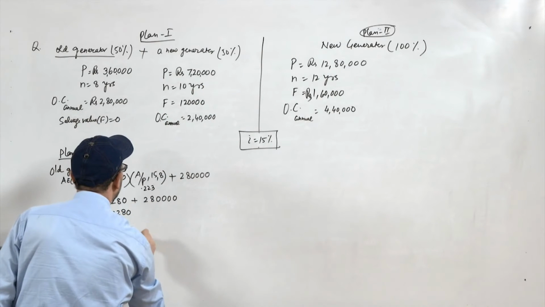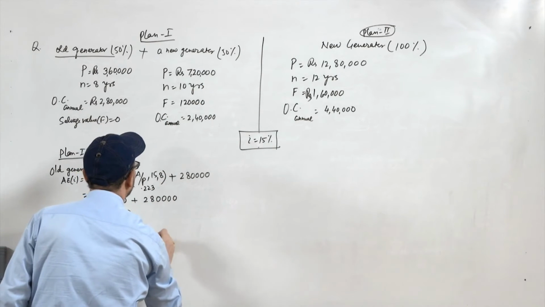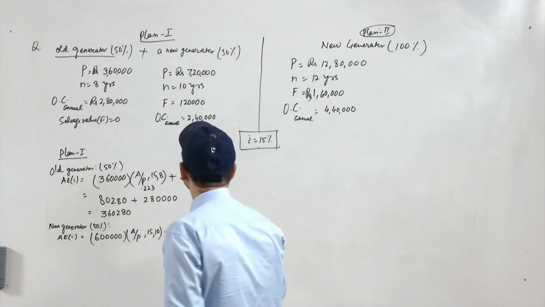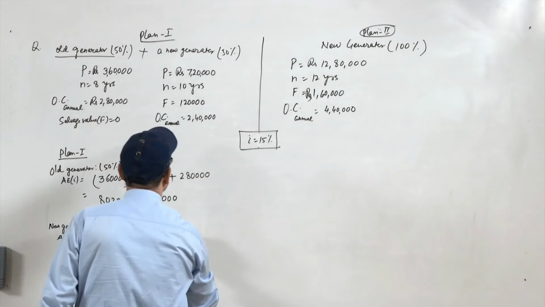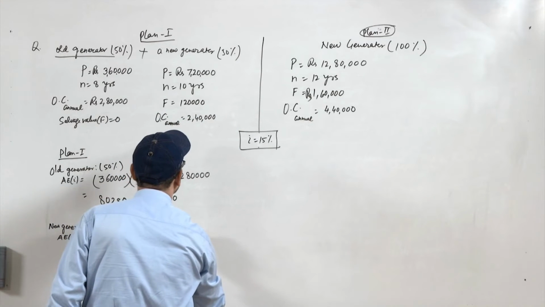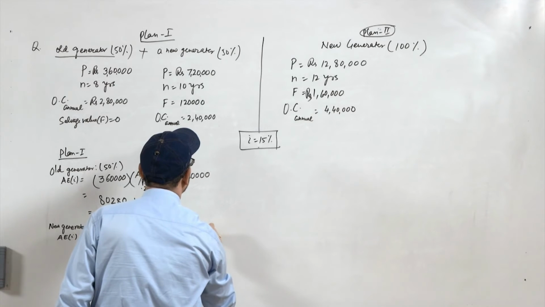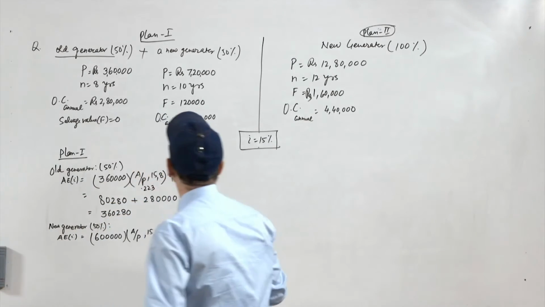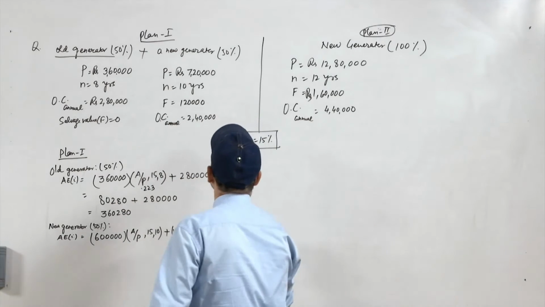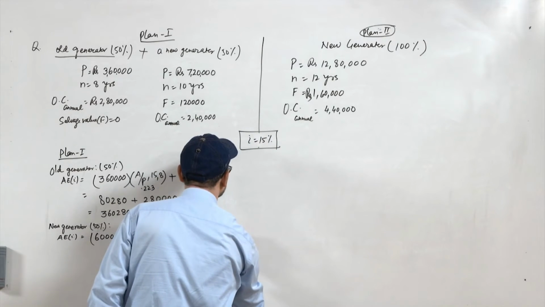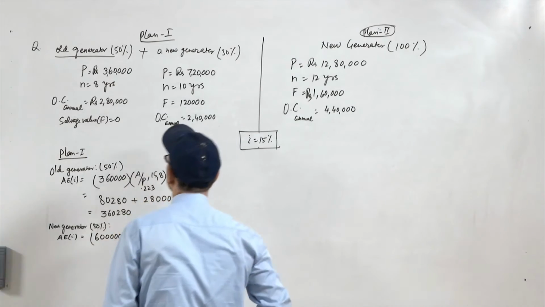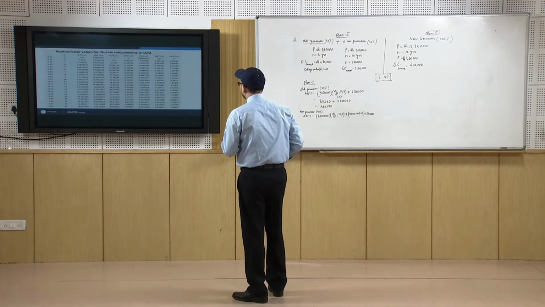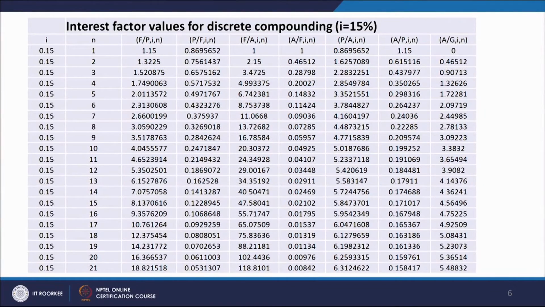So, it will be A by P 15 10 plus F into I. So, this F is 1,20,000 into I rate is 0.15 and plus the operating cost annual is 2,40,000. A by P 15 10, which is coming out to be 0.199.